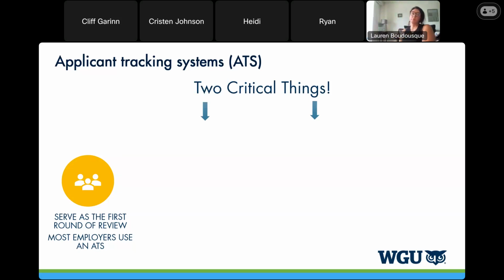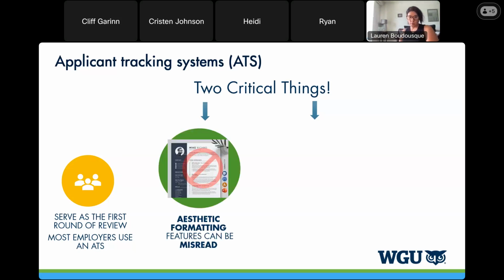So what do you want to do in two critical ways to help survive these applicant tracking systems? First of all, I would recommend you stay away from templates that you can easily find online. This is a quick sample, one that we just pulled from online just to put an image here. If you look at it, you'll see there's somebody's picture.